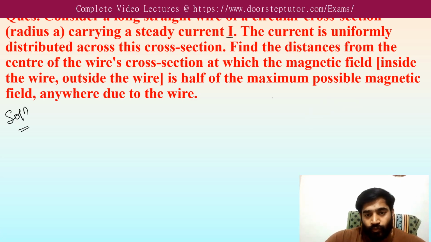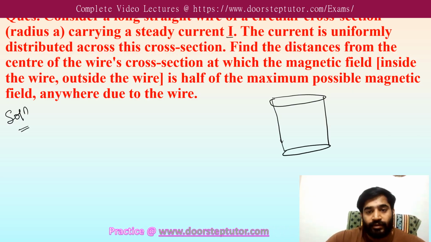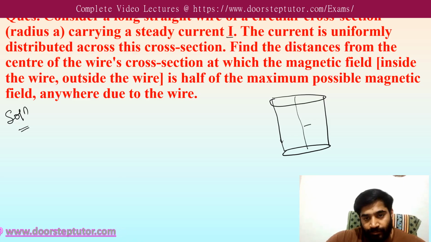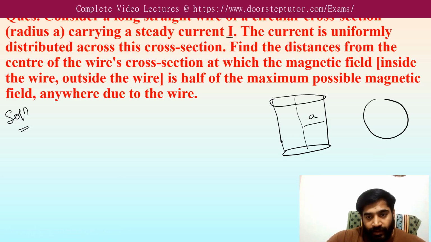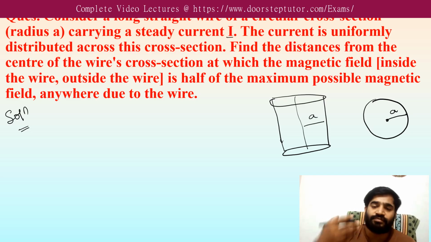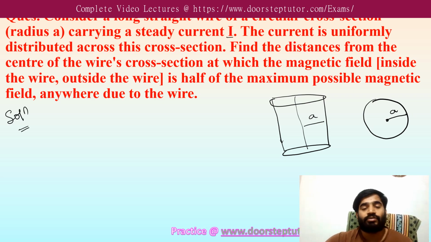This is the front view of the wire, which is of radius A, and this is the top view of the wire, which is of radius A, obviously. Same thing is there, but the views are different. The current is uniformly distributed across this cross section.